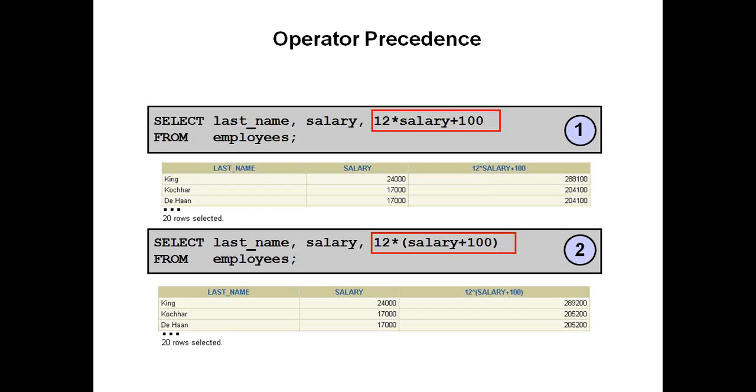But when you have 2 arithmetic operators, how is it going to work? It is going to work based on operator precedence. So we have 4 operators: addition, subtraction, multiplication, and division. So how does this operator precedence work?